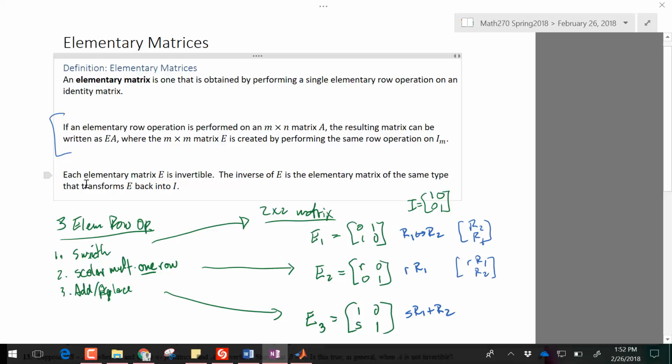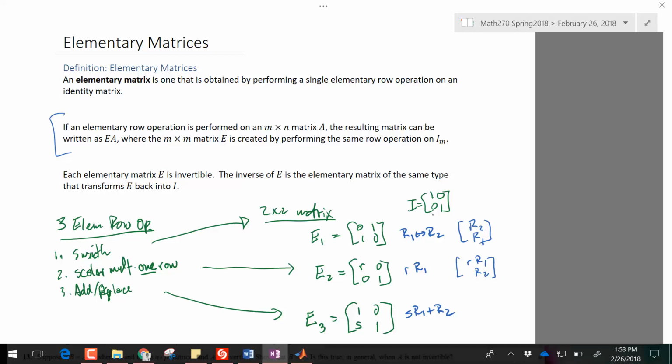Now this third paragraph here, each elementary matrix is invertible, and its inverse is the same type, not necessarily exactly the same thing. An inverse is something that you multiply a matrix by to get the identity, right? So let's take E1 for example. You switch 2 rows from the identity.